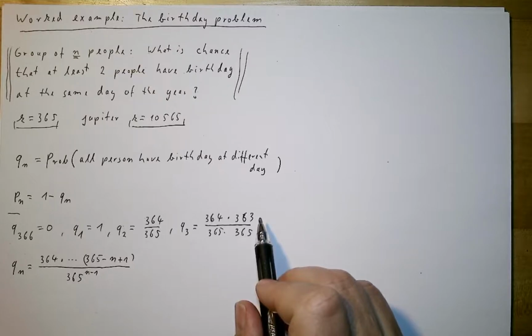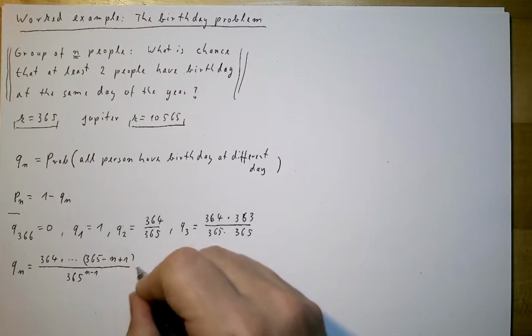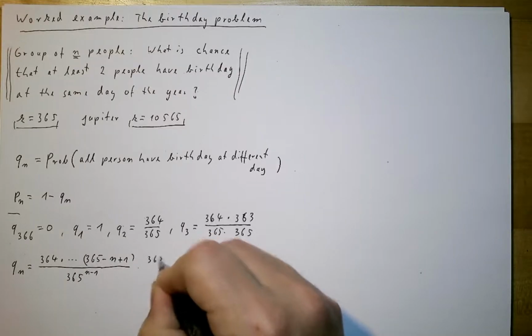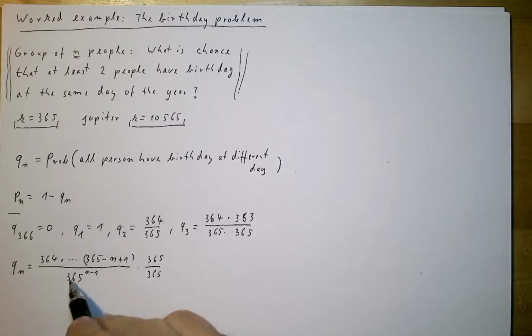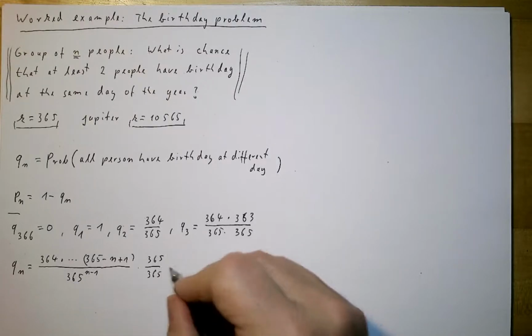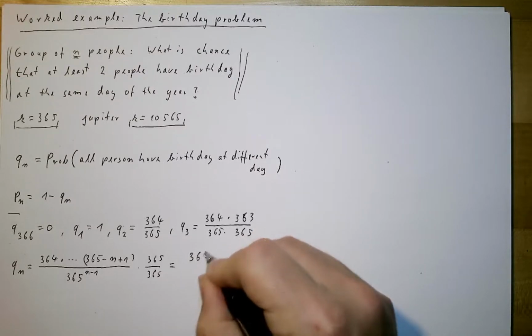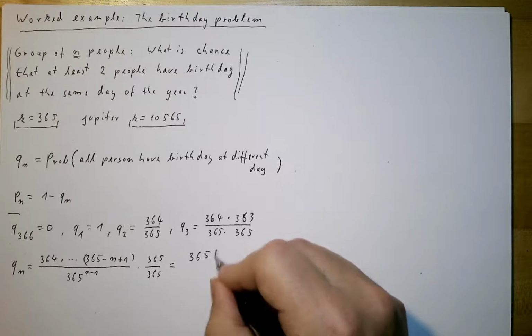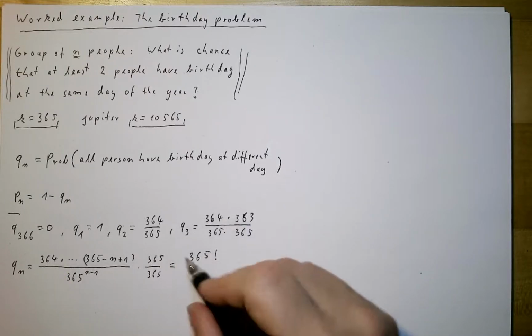Then to make it nicer, we multiply by 365 divided by 365, so that we have 365 to the power n, and then we can write the numerator as 365 factorial, the product of these numbers going down.